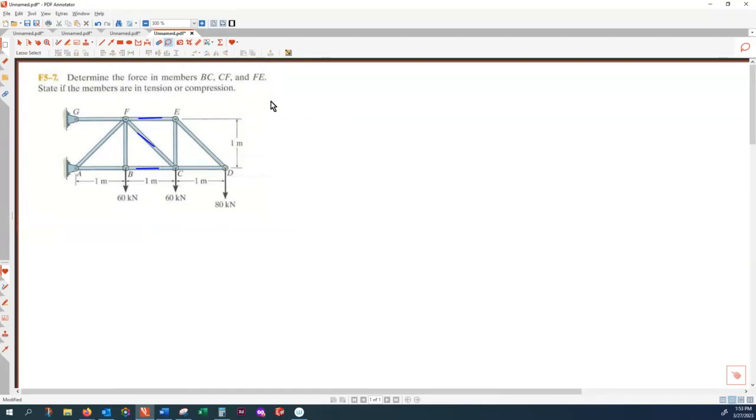So here, what I get is the right-hand side free body diagram, making sure that all joints are labeled. That's the second step.